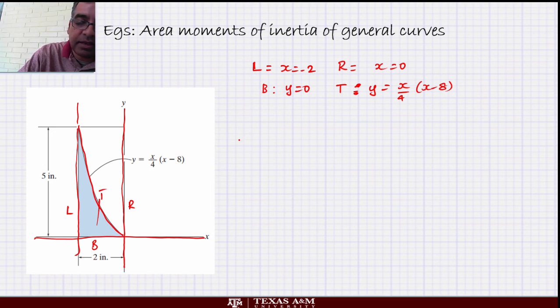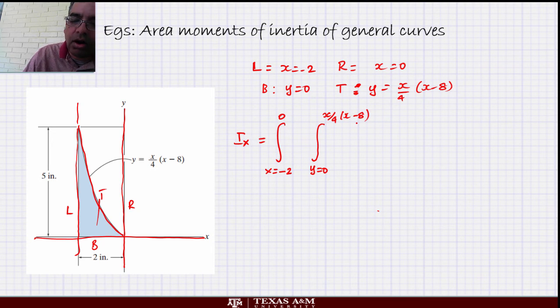Let's compute Ix, or Ix equals integral left to right, so x equal to -2 to 0, bottom to top, y equal to 0 to x over 4 times x minus 8, of, remember it's Ix, so I have to do y squared dy dx.